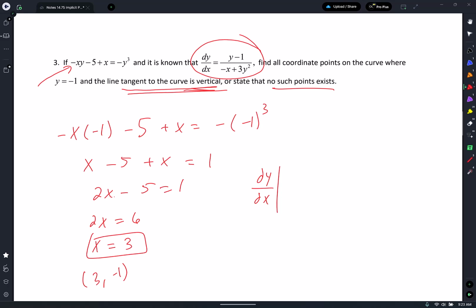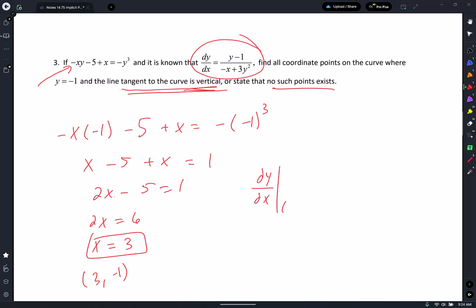So now that I have a coordinate, I'm plugging this into dy/dx, and I'm going to see if I get undefined. If I do not get undefined, I do not have a vertical tangent at that point. I don't have a vertical tangent at 3, -1. Does that make sense? All right, here we go.